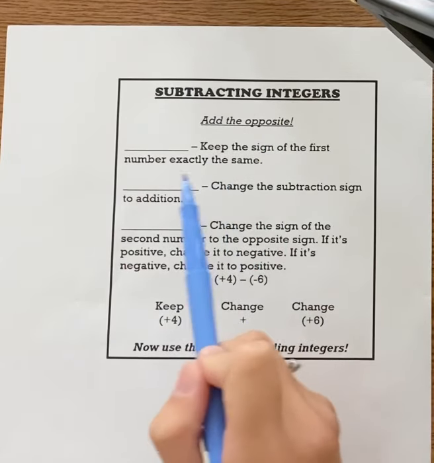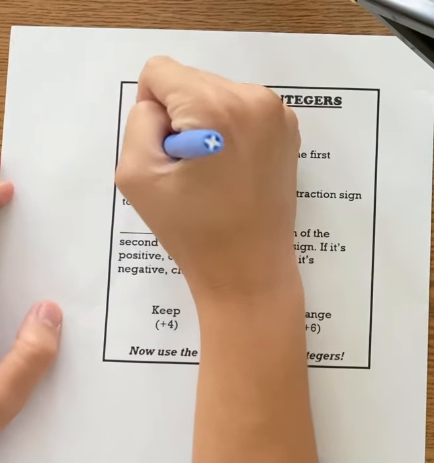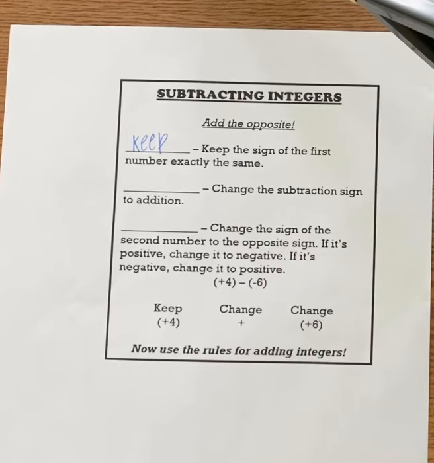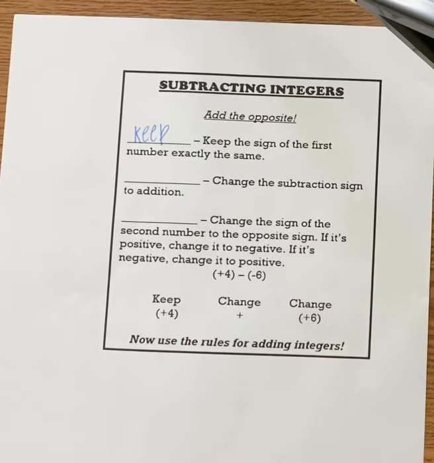So for subtracting integers, you keep the sign of the first number exactly the same. Now, remember, even though when I go through these notes, they may not mean anything to you just yet, when I show you the examples, it'll make more sense. So keep the sign of the first number exactly the same.